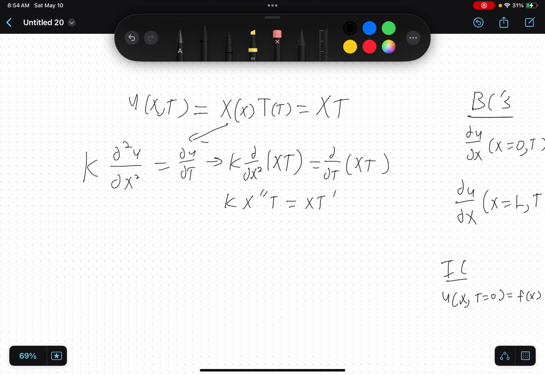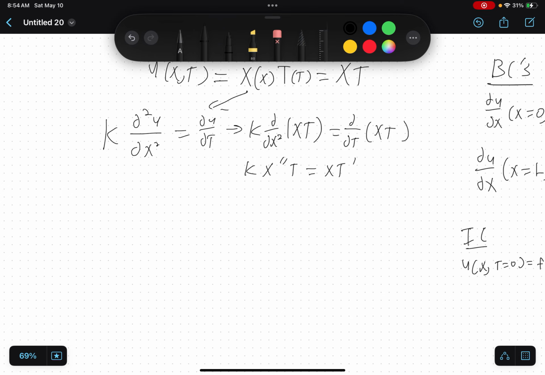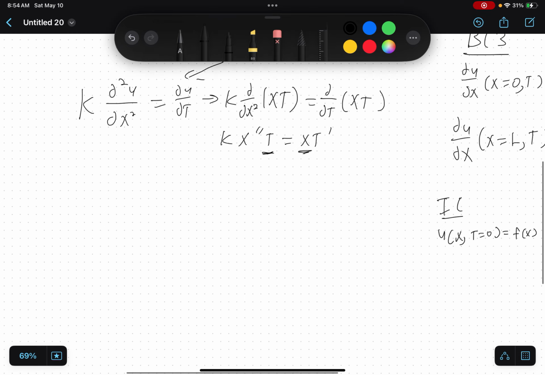So now we divide everything by X, and we divide everything by T, because we want to get all of one type of variable on one side and all of the other type on the other side.